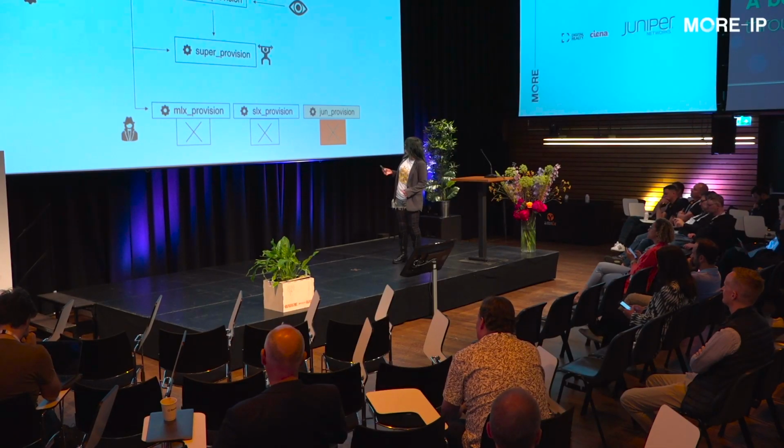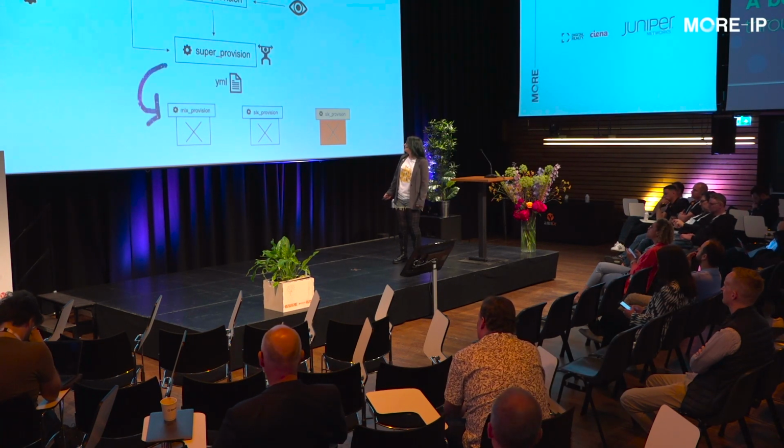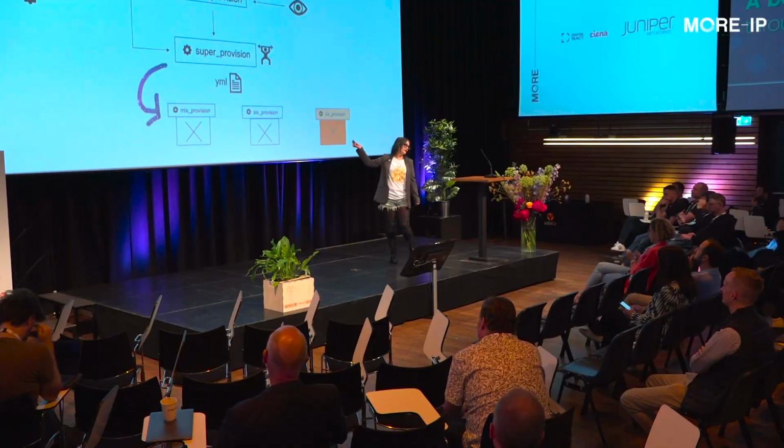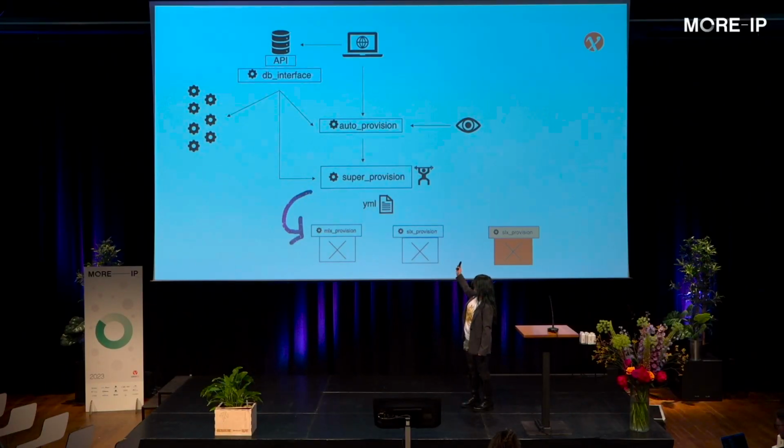We have Juniper provision in Python. What did we do? Oh boy, my team loves this. YAML. Instead of calling these scripts directly, super provision generates a YAML file. Notice that the DB interface, my favorite, which is up there, is also Perl.